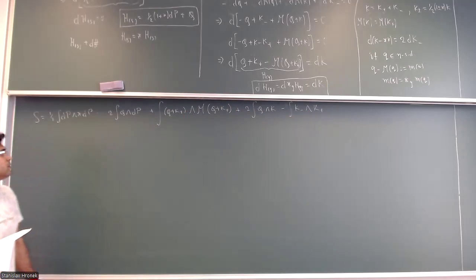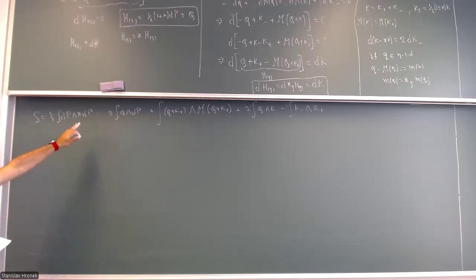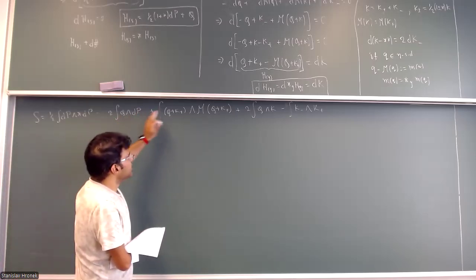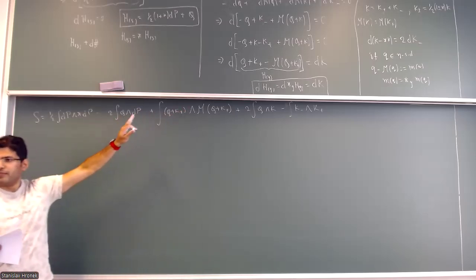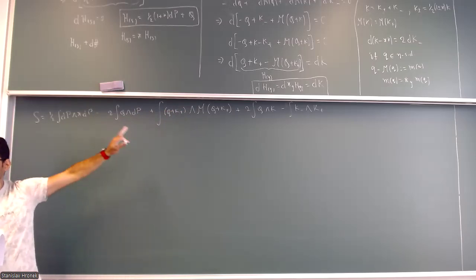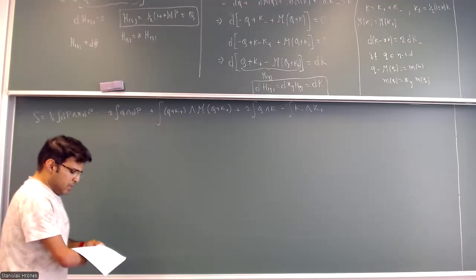Okay. Now, it might not look very nice to you right now, but what is particularly nice about this is that the M appears only in one term. The gravitational coupling appears only in the one term. Right. So that's a good thing.